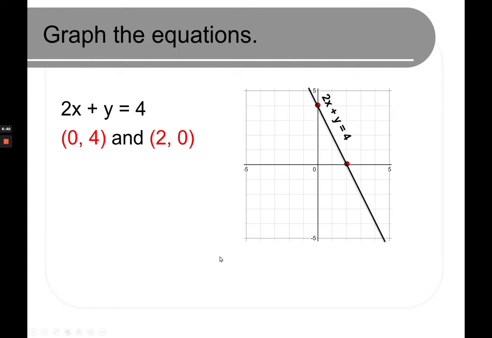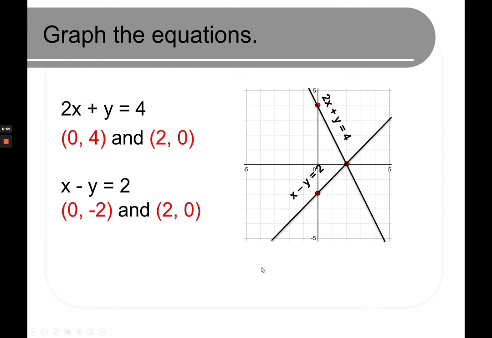Next, the second equation, we can also label it. The second equation, x minus y is equal to 2. The y-intercept (0, -2) should be here. And (2, 0) is actually the same point, they share the same point. Connecting these two points and extending beyond, we are able to draw the graph of the line x minus y is equal to 2.